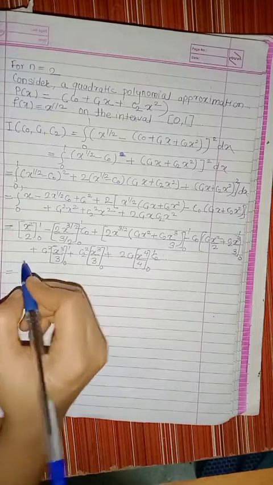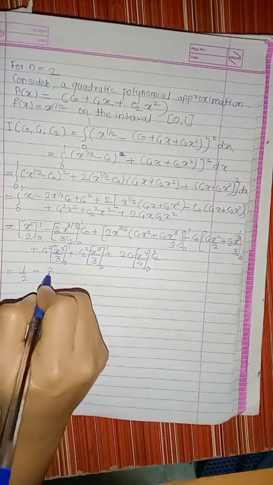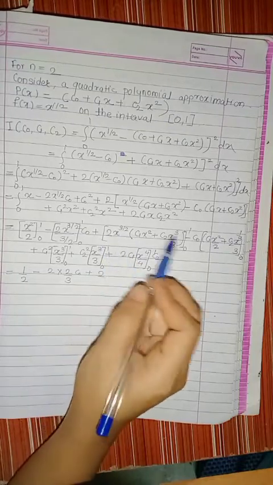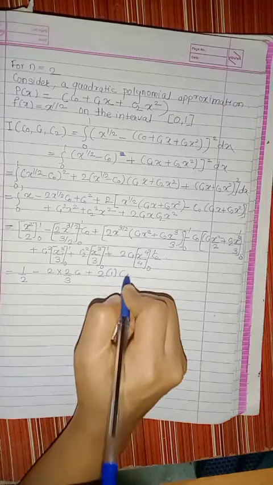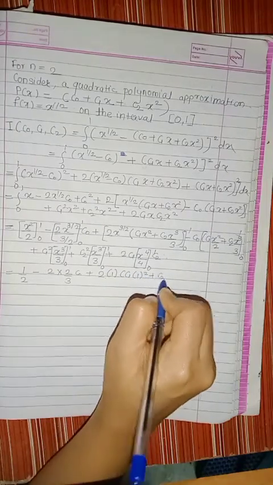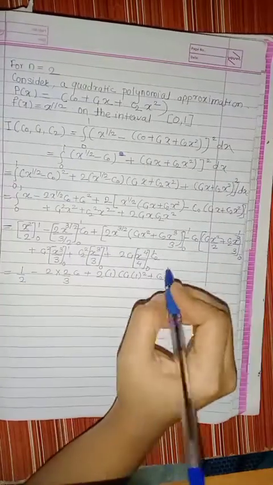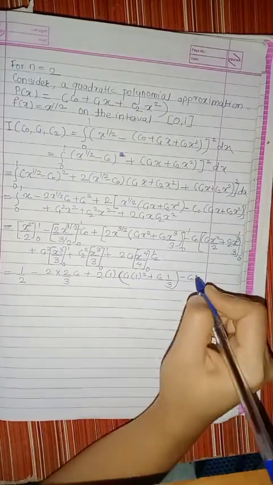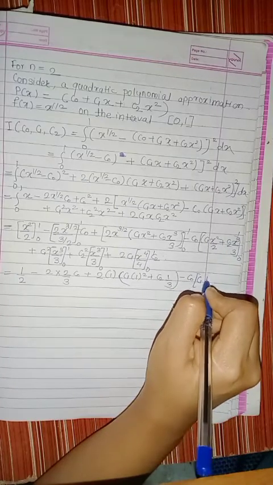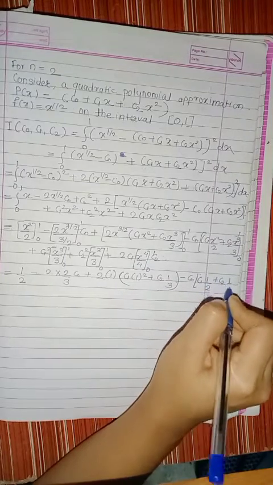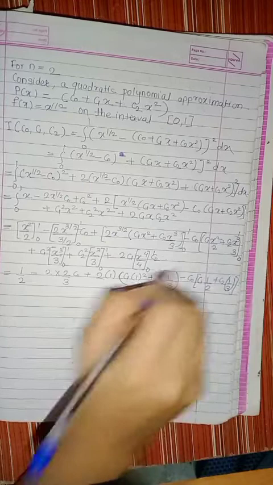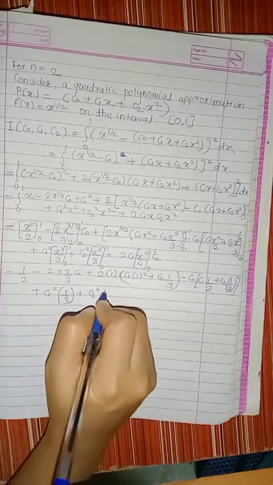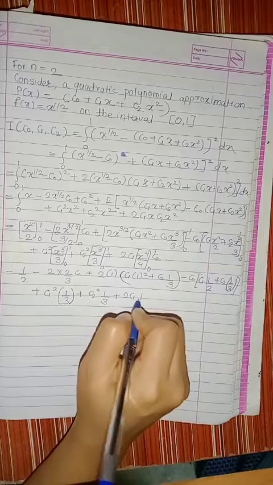After substituting the limits, we get 1 by 2 minus 2 into 2 by 3 c naught plus 2 into (c1 by 2 plus c2 by 3), minus c naught into (c1 by 2 plus c2 by 3), plus c1 square by 3 plus c2 square by 3 plus 2 c1 by 4.